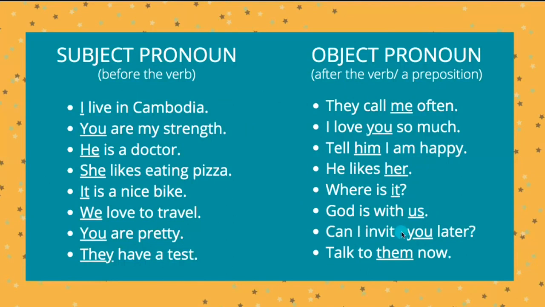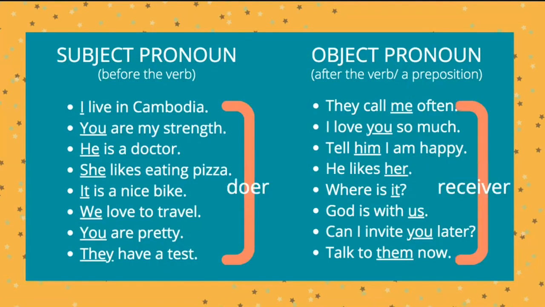You is after the word invite, so you is an object pronoun. And then talk to them now. To is a preposition, and the object pronoun is them. So in this part, we have me, you, him, her, it, us, you, them. Don't forget that.